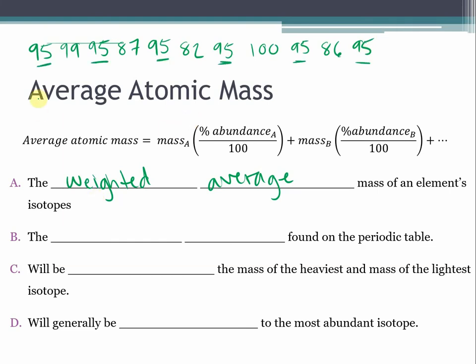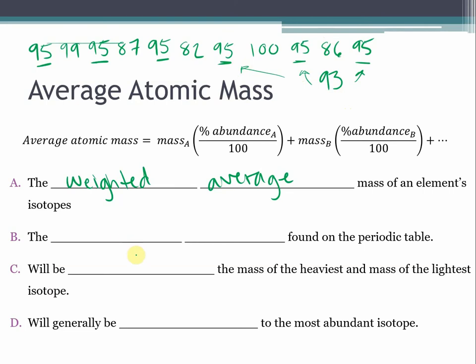If I were to give you all of these test grades and ask you to find the class average, you would add them all together and divide by 11, and you would get about 93. So 93 is the closest to 95. Of all of the scores that we saw, our average is closest to this number that showed up 5 times.